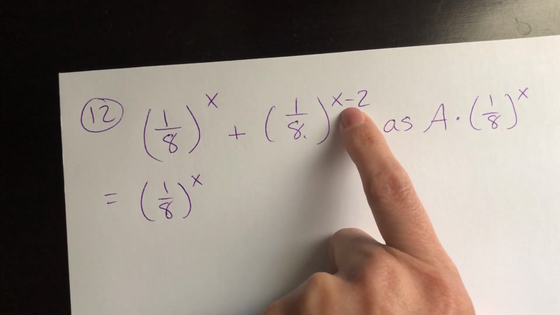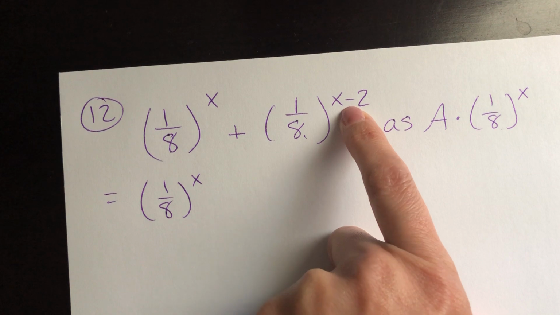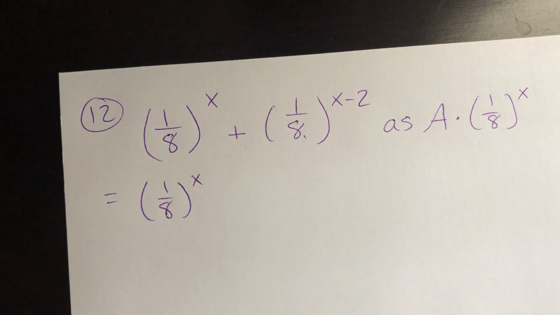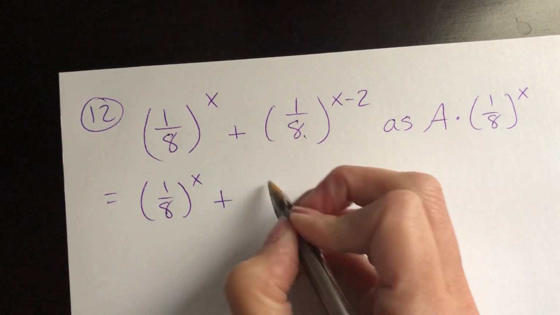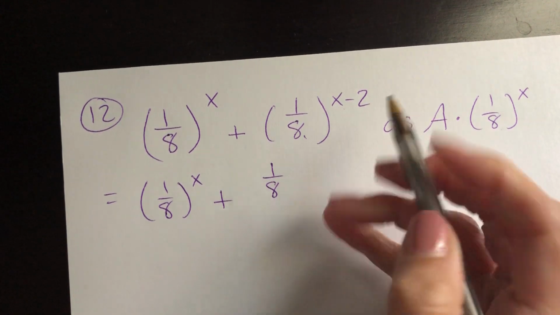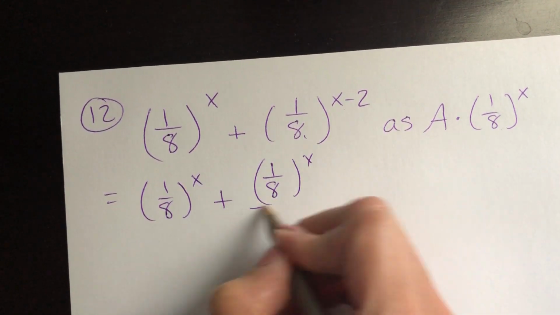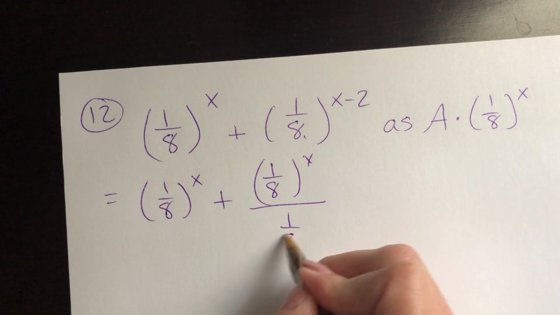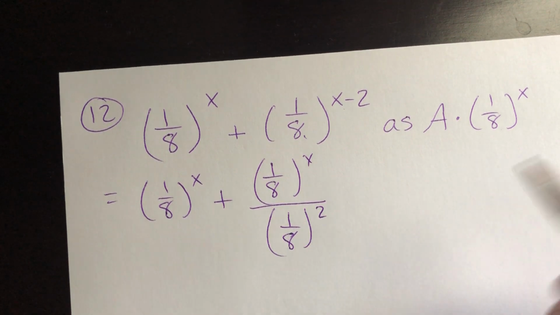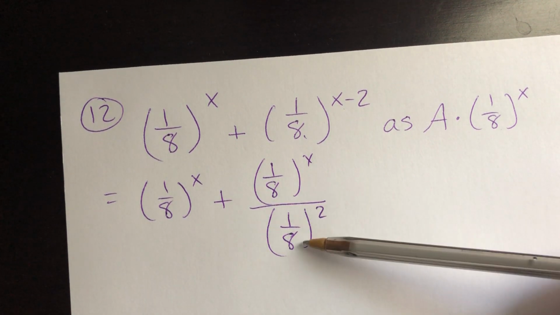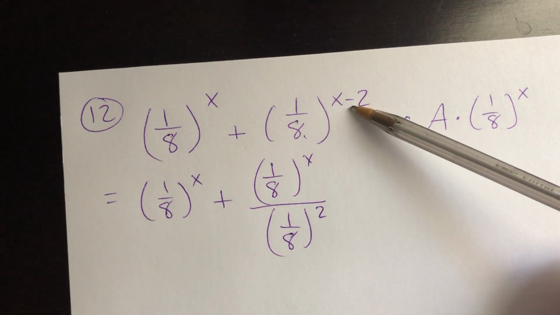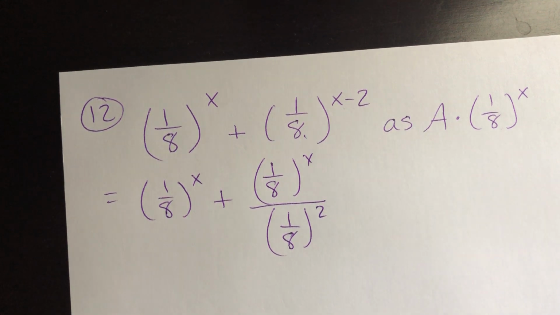And then remember, subtraction means that it was division originally. So plus 1/8 to the x divided by 1/8 squared. Like bases, when you're dividing, it's subtraction. So we went backwards there.